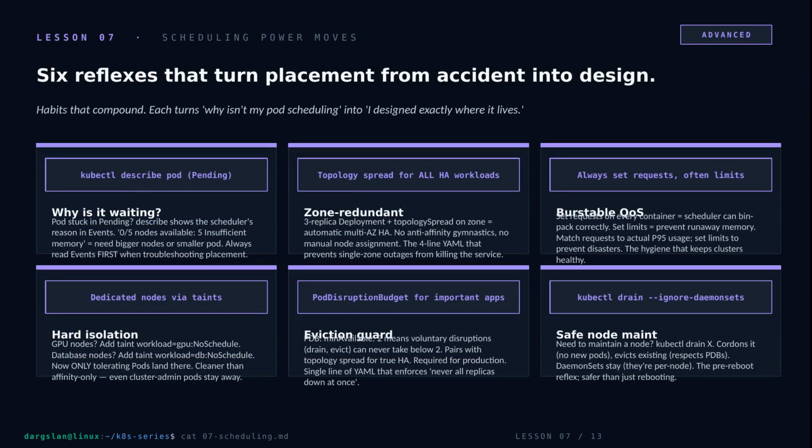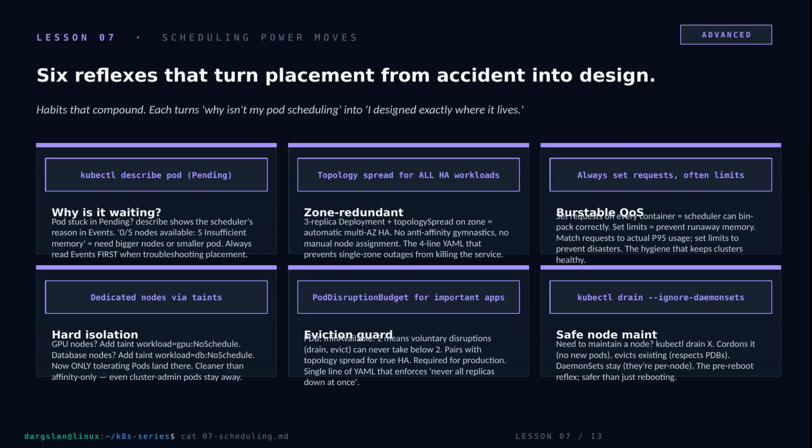So let's compress everything into 6 reflexes you can actually carry into the on-call rotation. When a pod hangs, describe it first and read the events. The scheduler always tells you why. For any HA workload, topology spread across zones is the 4-line default that earns its keep the first time an AZ blinks.